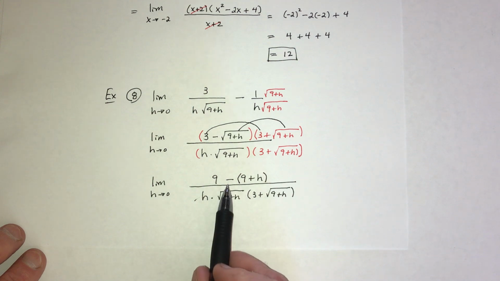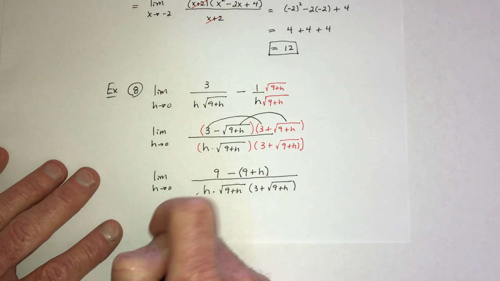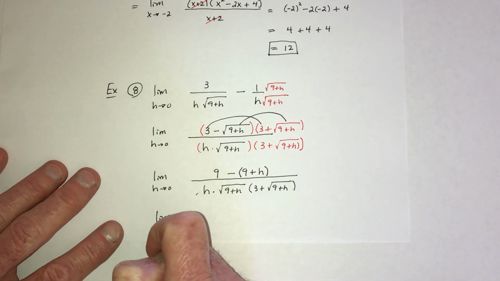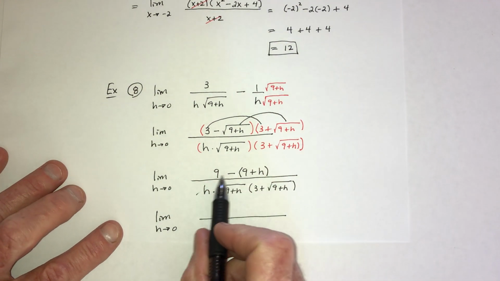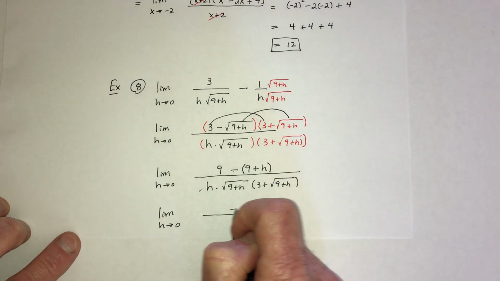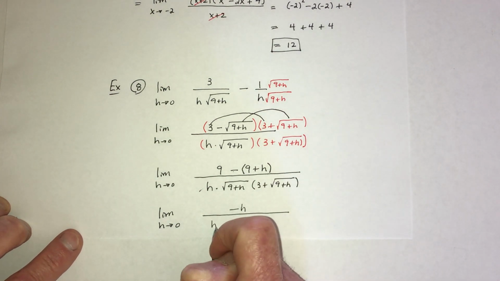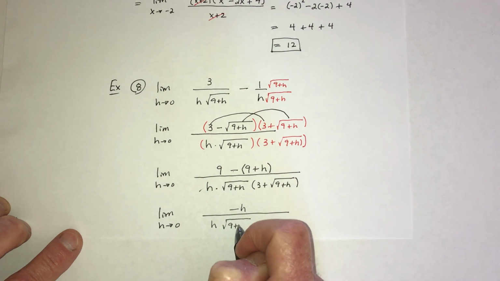Those will cancel. And then this negative needs to apply to the h. So there's going to be 9 minus 9, those cancel, and then negative h. And then just copy and paste the bottom part.